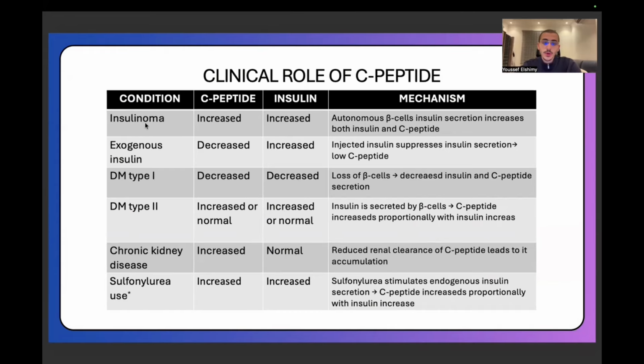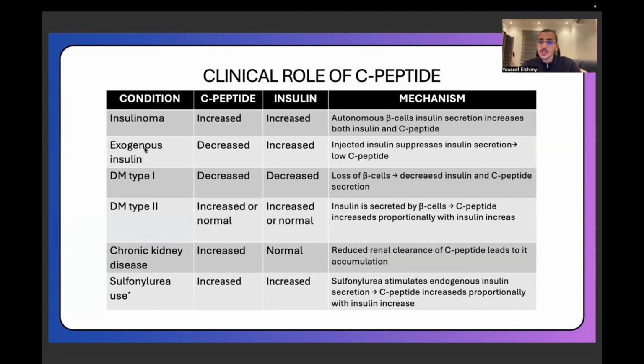For example, insulinoma is a tumor in the beta cells, so there is a continuous production of insulin. And with insulin, there's also production of C-peptide, because this is endogenous insulin, produced by our body. Whenever our body produces insulin, it also produces C-peptide with it. So what happens in insulinoma is an autonomous B cell insulin secretion that you cannot control. This leads to increased C-peptide as well as insulin.